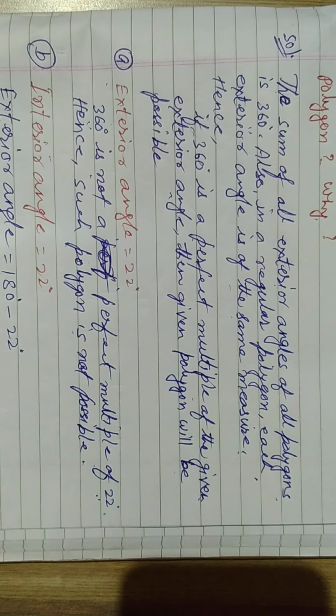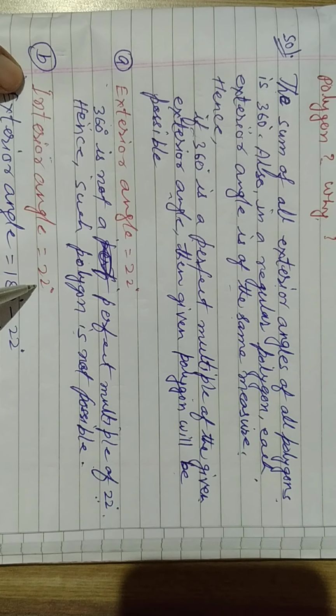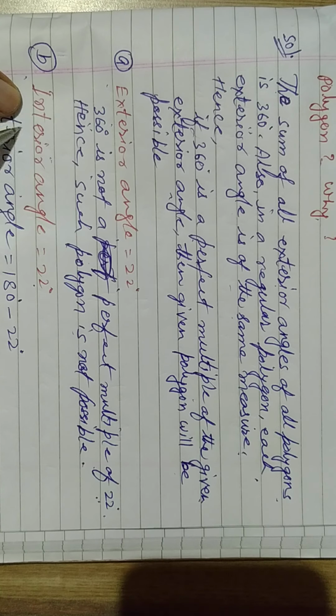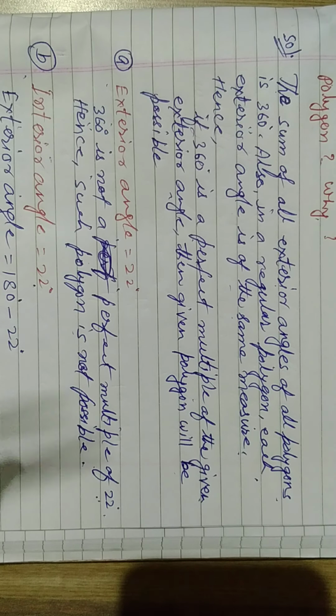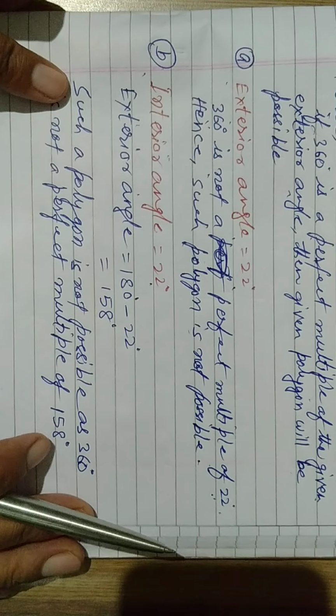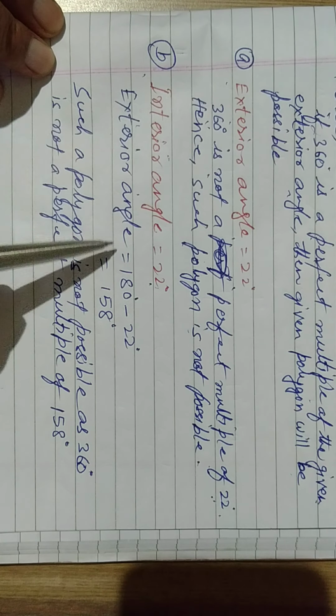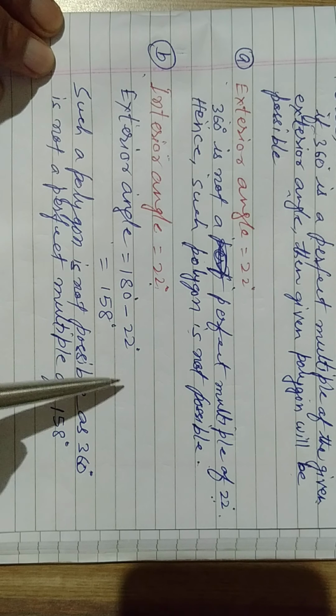Okay, b. Interior angle 22 degree. Here first you find the exterior angle, then the interior angle. Interior angle is 22 degree. Now first we subtract to find the exterior angle, because interior angle is given, exterior angle is not given. So we subtract from 180 degree.